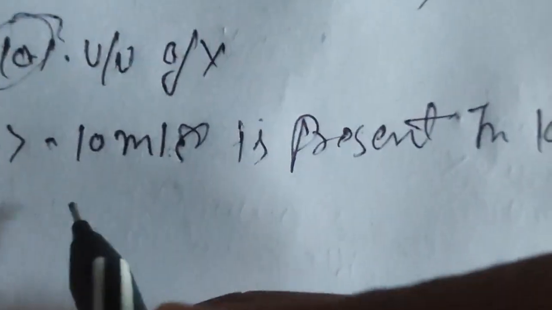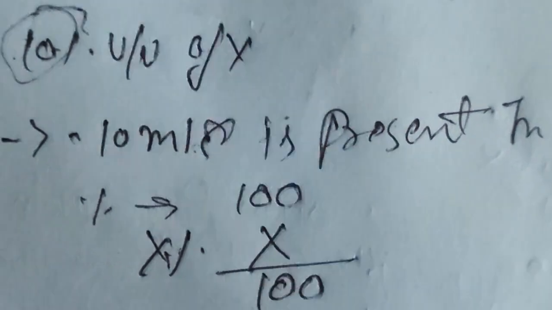This line is important for solving the questions. You may learn it, but understanding why it means this matters. When we talk about percent, we are talking about 100. When we say X percent, we mean X in 100.